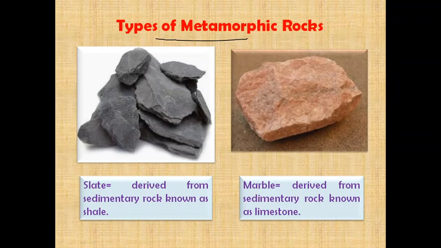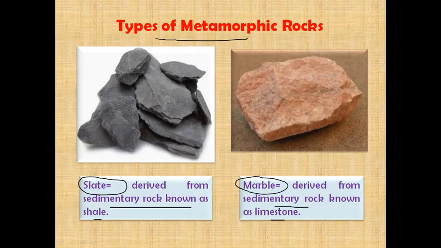How do we classify? Some examples of metamorphic rock. Slate is a typical metamorphic rock that is derived from sedimentary rock known as shale. And marble is another example of metamorphic rock that is derived from another sedimentary rock known as limestone.